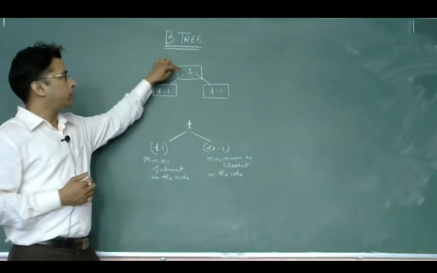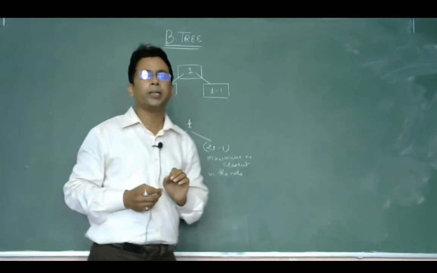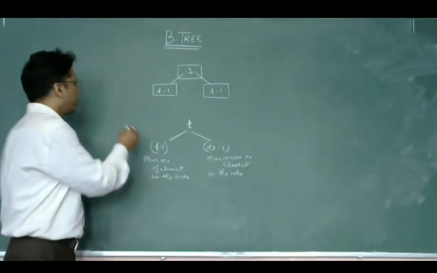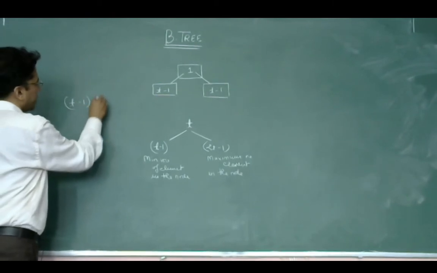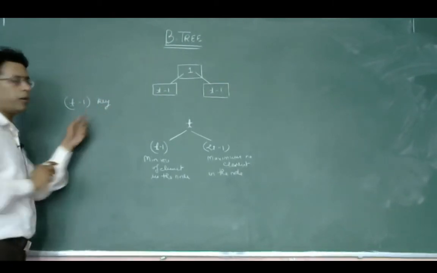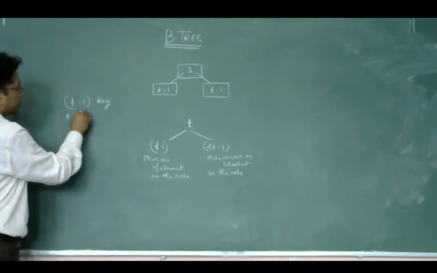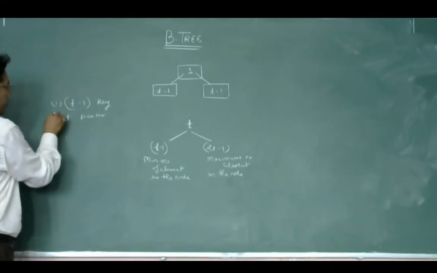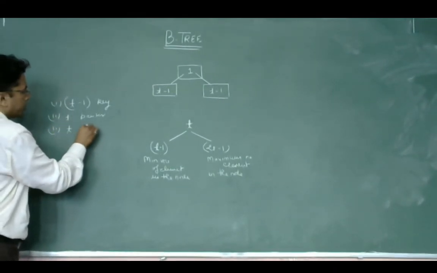So if a node is having t minus 1 elements, then it would have t pointers. If a node is having t minus 1 keys, I'm using the word key for the element, then it would have t pointers, or t children.